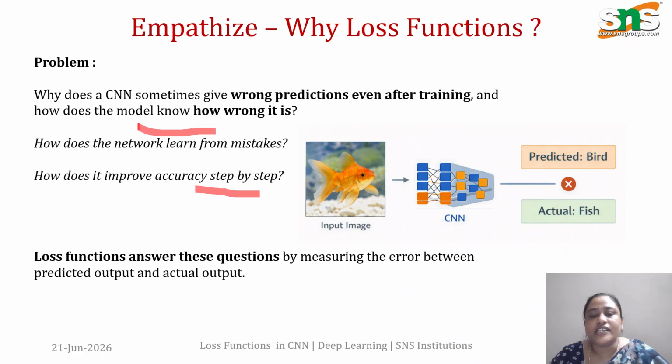Loss function gives the measure of the error between the predicted output and the actual output. It is a mathematical function that quantifies the error by measuring the difference between the predicted output and the actual output.